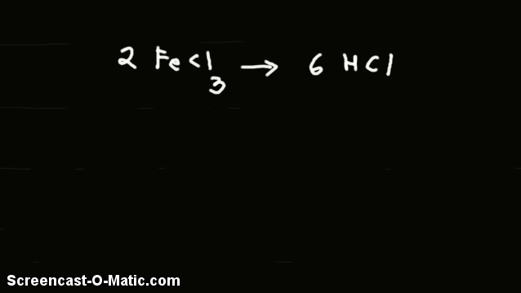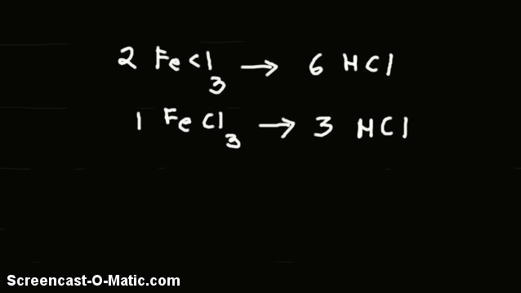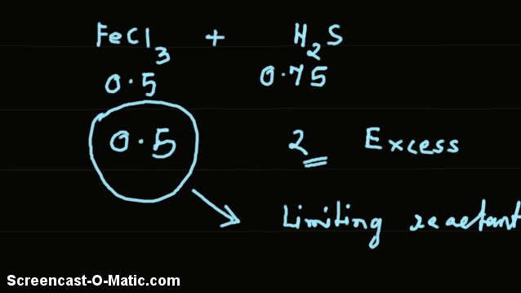Therefore 1 mole of FeCl3 is producing 3 moles of HCl. Now coming back to our calculated quantity of FeCl3, in this example the actual quantity of FeCl3 is 0.5 moles.